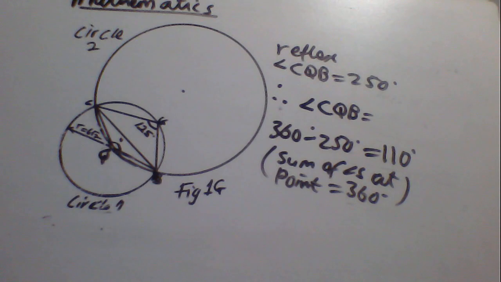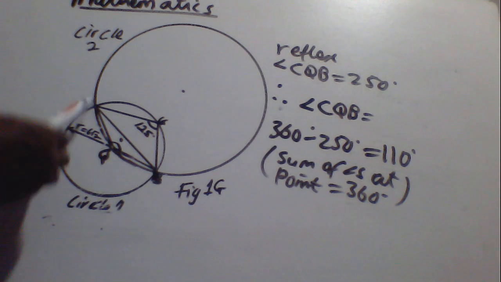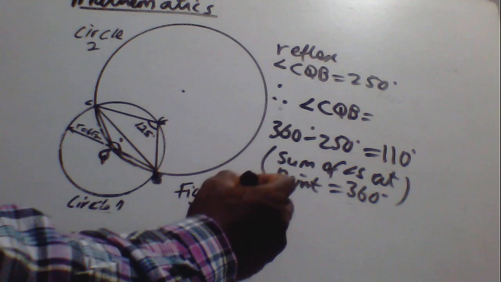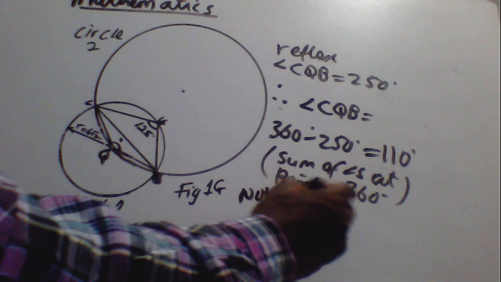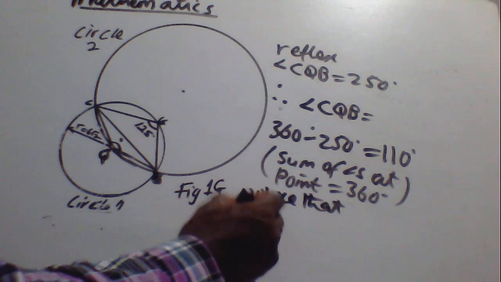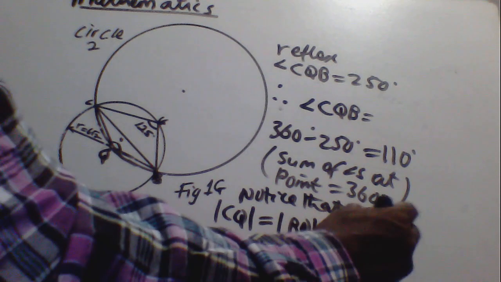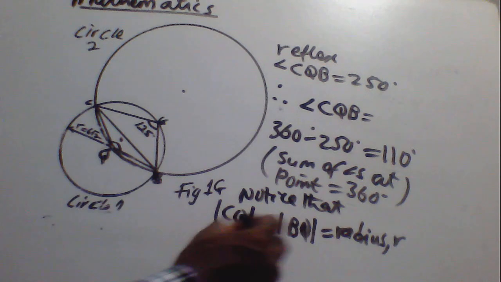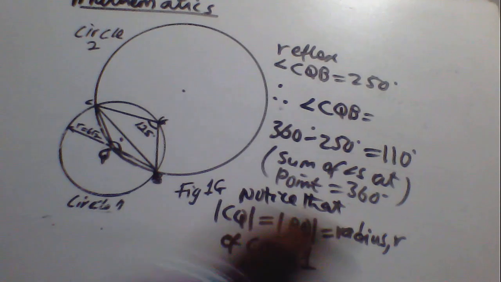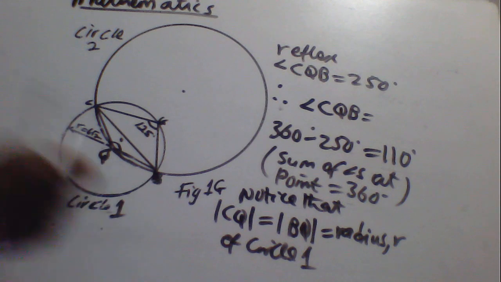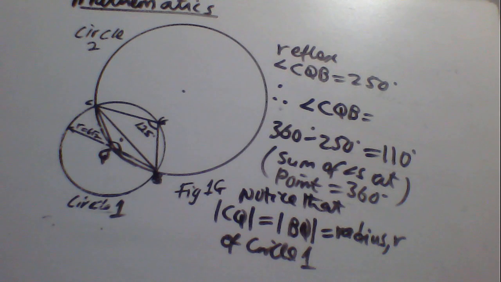Once we have gotten it, the next thing is to find this length CB. Notice that CQ is equal to BQ, which is equal to R, the radius of circle 1. So CQ is equal to BQ, which is the radius of the small circle.